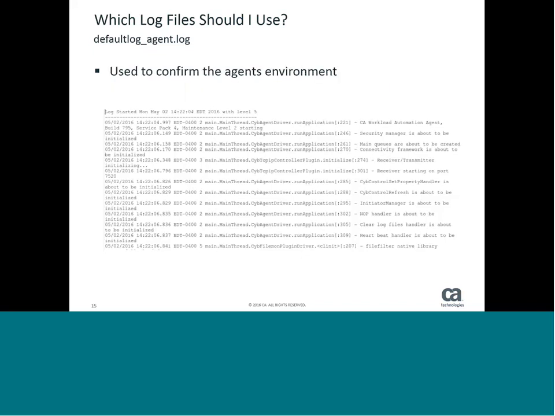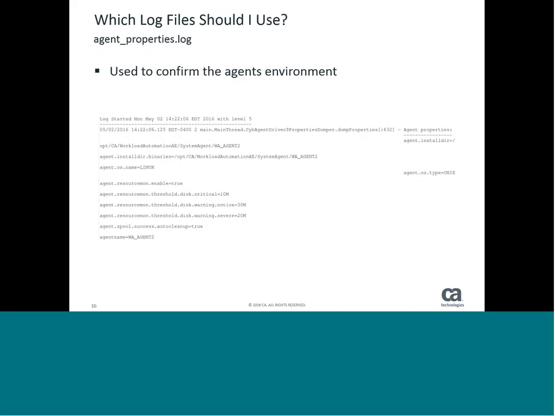Now, the next log file that we're going to talk about is the agent properties.log file. The agent properties.log file contains the agent's environment, the environment that is passed to the agent when the job is running. I should say prior to the job running.